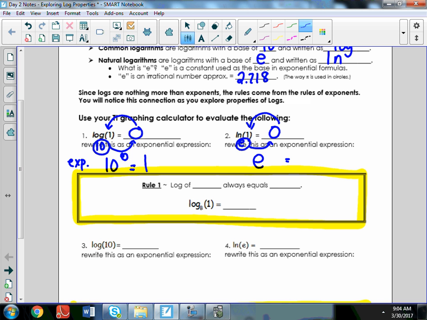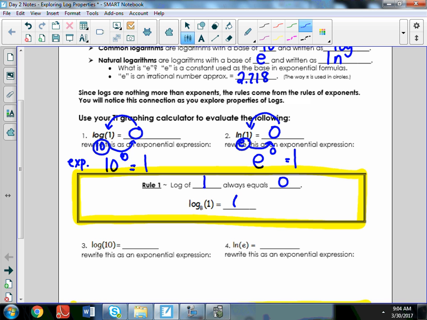Same thing for this one. It's easier if you write the E base on, so you can circle the base. And then when you do your lasso, E to the power of 0 is 1. Anything raised to the power of 0 is 1. So the inverse of that, the log rule, is the log of 1, no matter what the base, always equals 0.